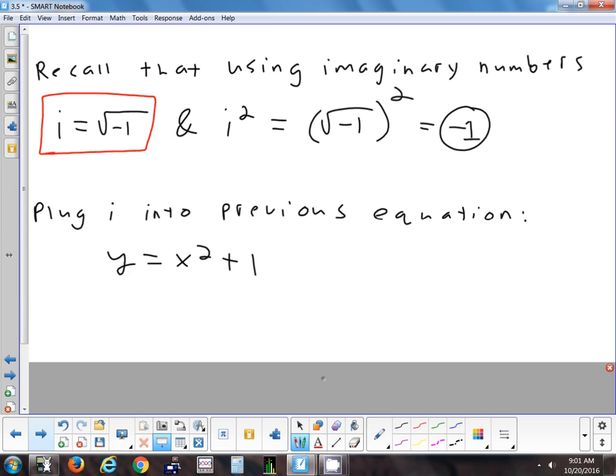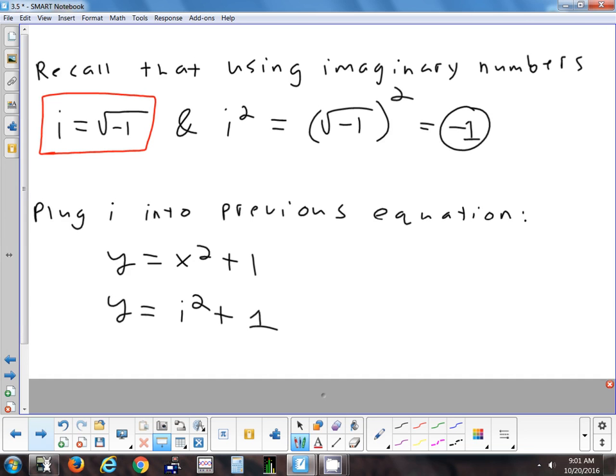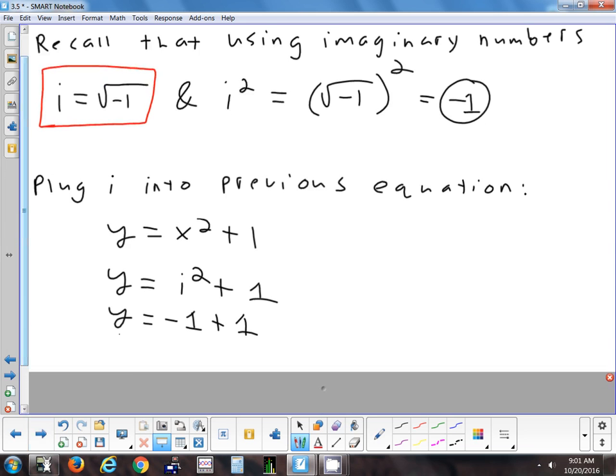So watch what happens if we plug i into the equation we just had. Okay, we get y equals i squared plus 1. What did we just say i squared is? Negative 1. Yeah, and negative 1 plus 1 gives me 0. So that proves that i is a root of that equation. It's one of the two things you can plug in that gives you 0.